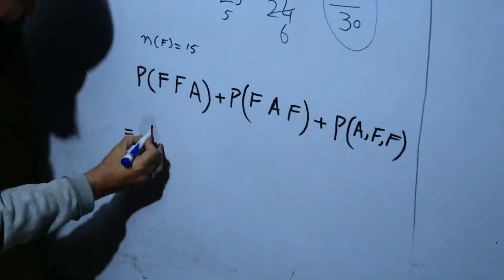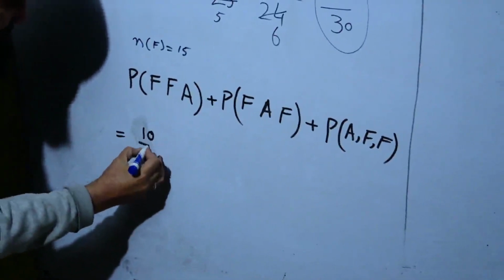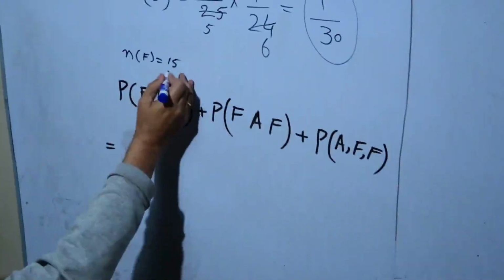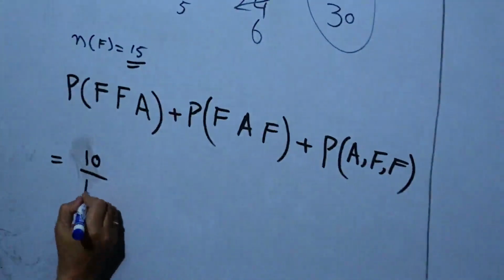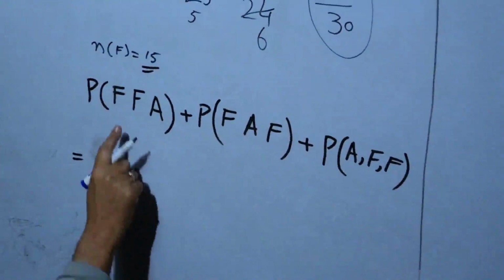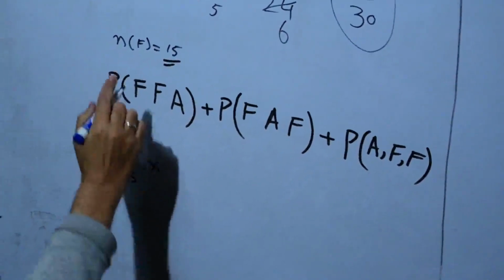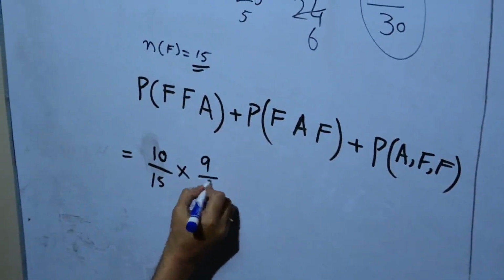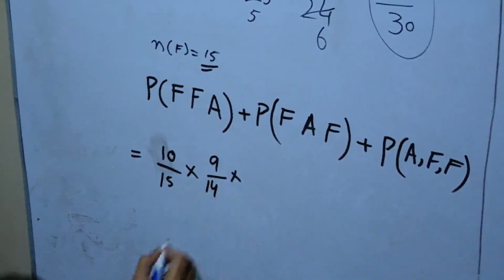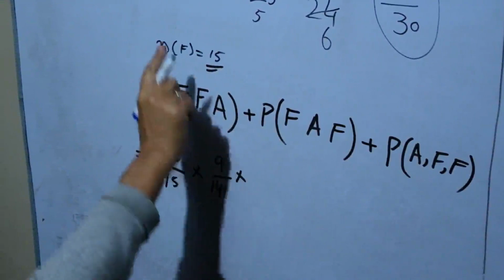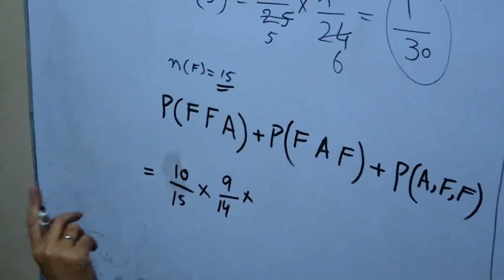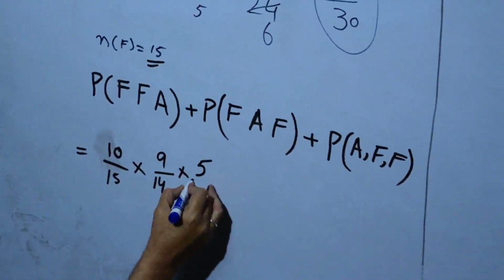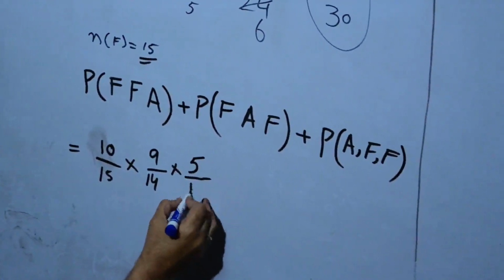So this will be 10 out of 15, the total number being 15, multiplied by the second also F. From those, this will be 9 over 14, multiplied by how many students study Arabic also with French? There are 5 students. So it is 5 over how many left? 13.